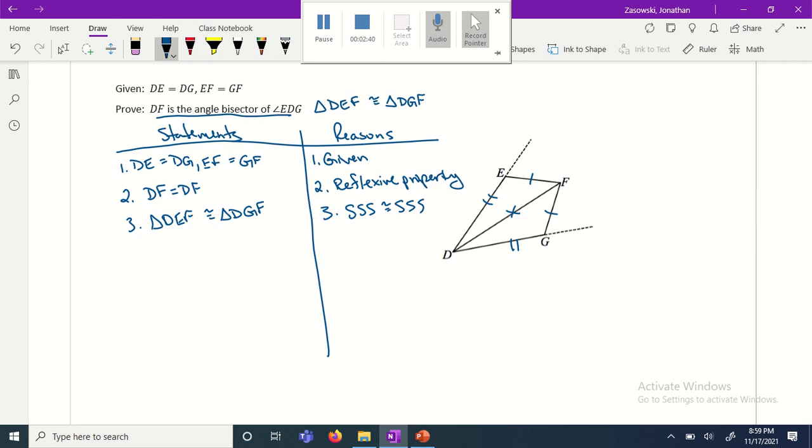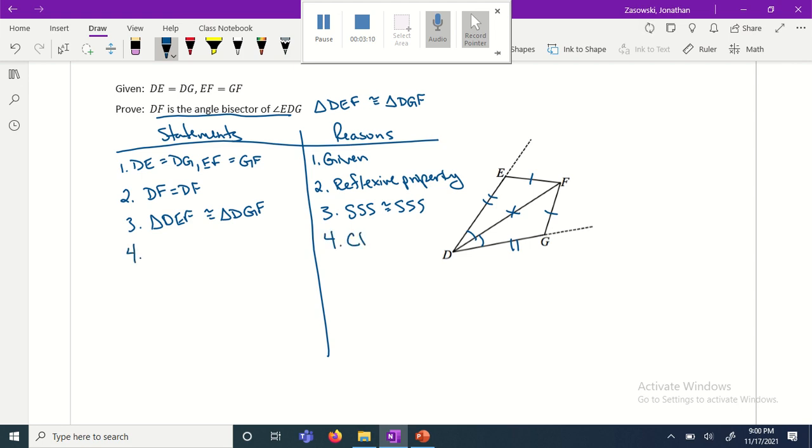Okay, so I did mention what's called CPCTC. That means that as these two triangles are congruent, all their corresponding parts are also congruent. So that means that angle E is congruent to angle G, angle EDF and GDF, and GFD and EFG. If we were going to say that this was an angle bisector of EDG, we would want to get these two angles here congruent. And we could do that with CPCTC.